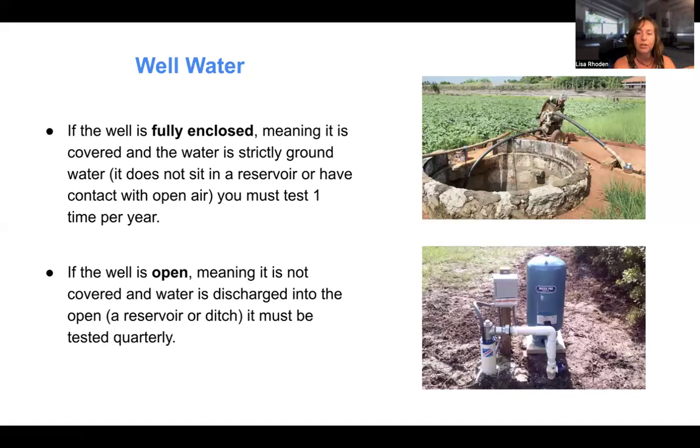So 1 time a year, you'll grab a sample of your water and send it in for testing. If the well is open, though, which means it's not covered, water is discharged into something that sits in an open environment like a reservoir or a ditch, then it becomes surface water. It's considered surface water. And so you will need to test quarterly in that situation.